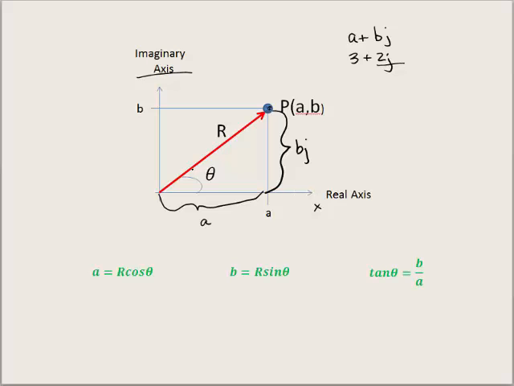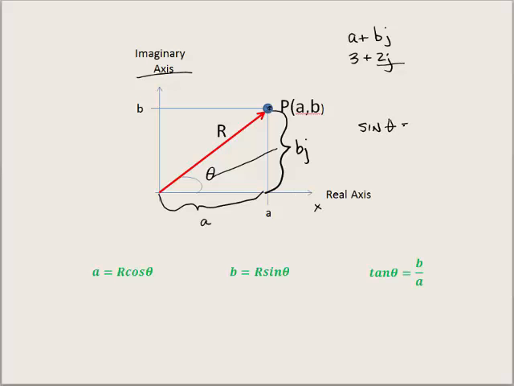So let's just reminisce a little bit here. Our trig functions, when we talk about this side of the angle, that is the opposite side. So therefore, it is the sine.